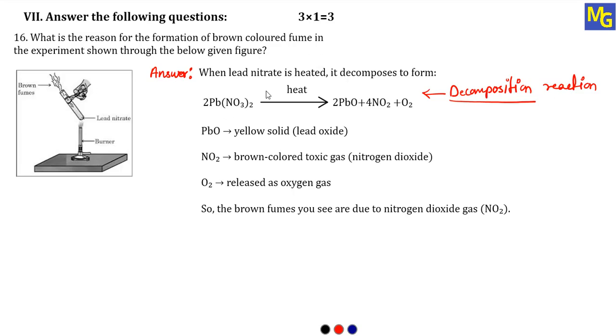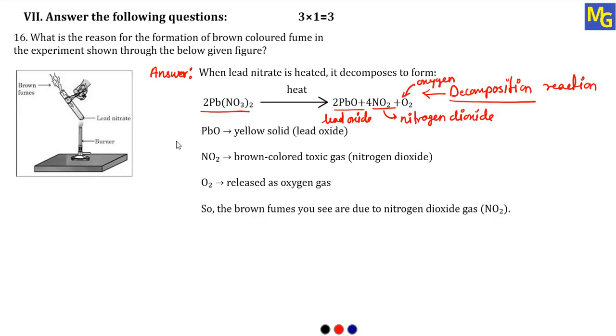So see here, the formula of lead nitrate is Pb(NO3)2. When this is heated, Pb becomes PbO, that is lead oxide. And NO2 is nothing but nitrogen dioxide. And this is normal oxygen gas.